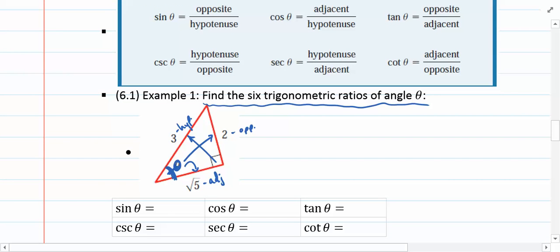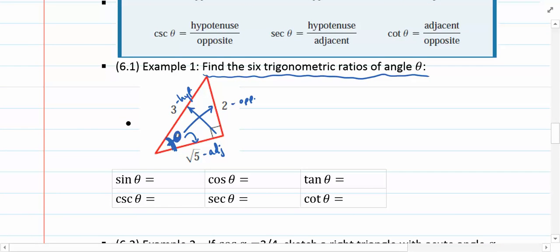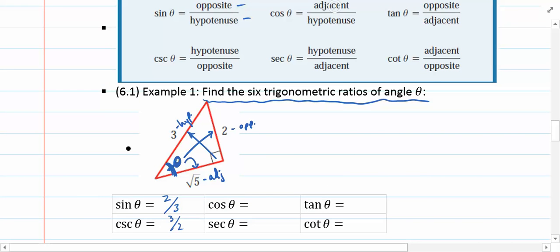By definition, sine is equal to the opposite over hypotenuse. So the opposite side was 2, and we write that over the hypotenuse, which was 3. So sine of theta is 2/3. Cosecant of theta, which is the inverse of sine, would simply be 3/2. Cosine, defined as adjacent over the hypotenuse, must be the square root of 5 divided by 3.